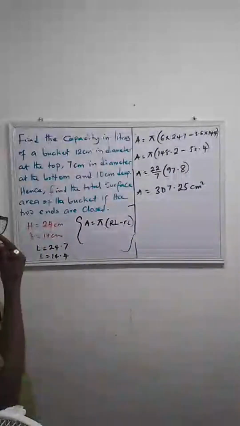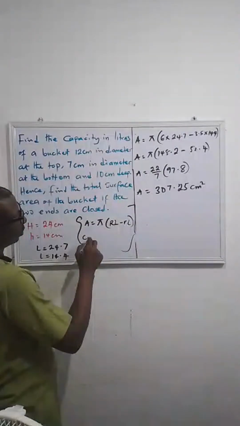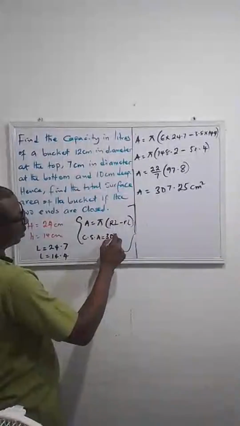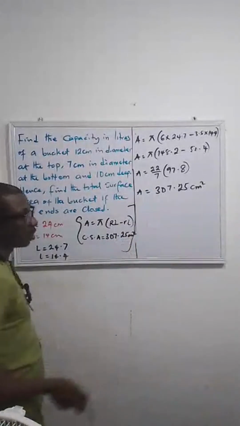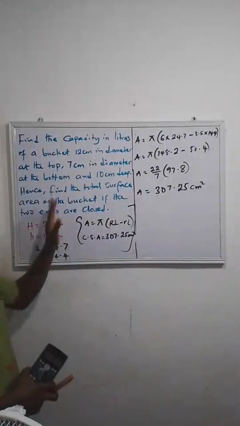All right, so now the curved surface area. So the curved surface area is 307.25 centimeters square. All right, but the question is asking for the total surface area.